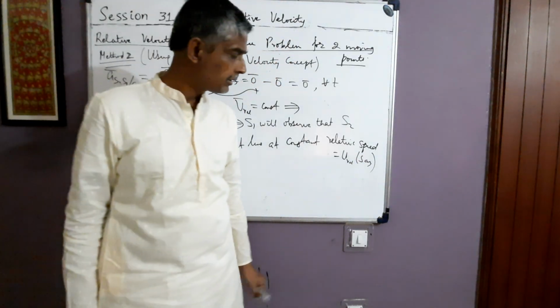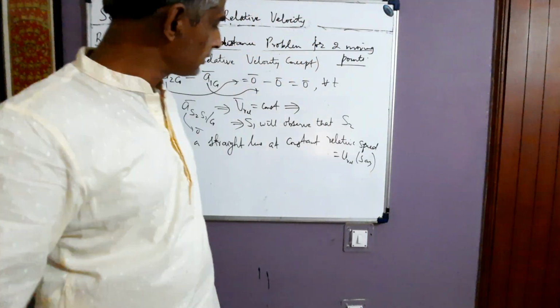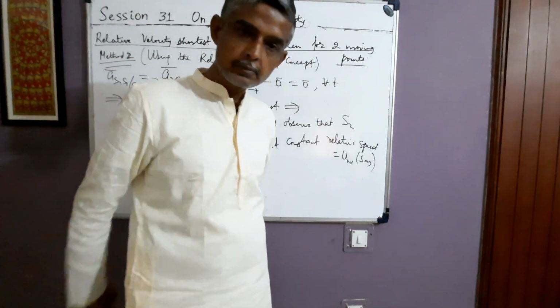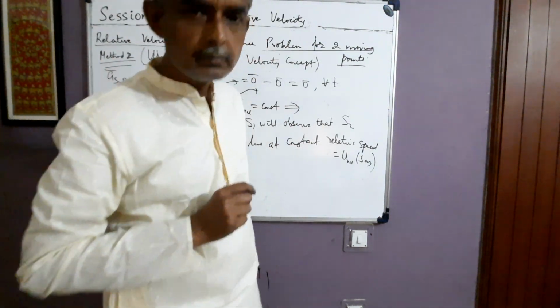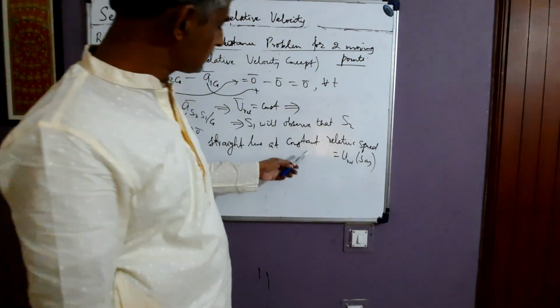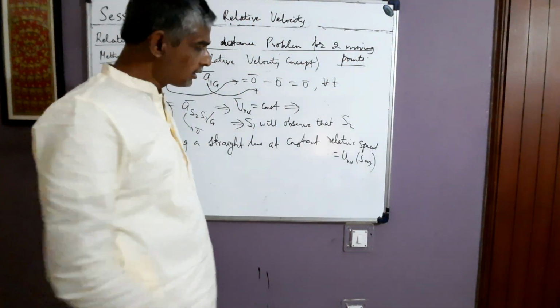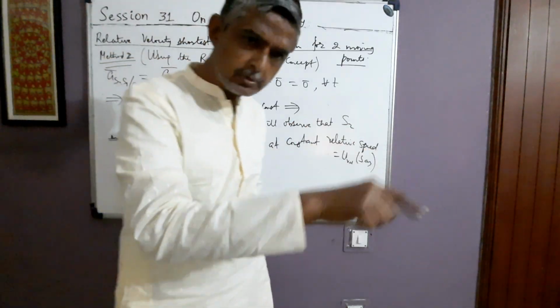Now what we do next, we have to find the u relative. U relative is the constant relative speed between the two ships. Now, if a particular quantity is constant, what does that mean? That quantity doesn't change with time. So, since relative velocity is constant, it must have the same value as it was at time 0.